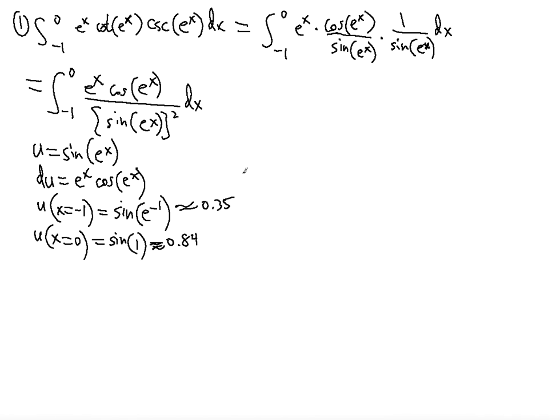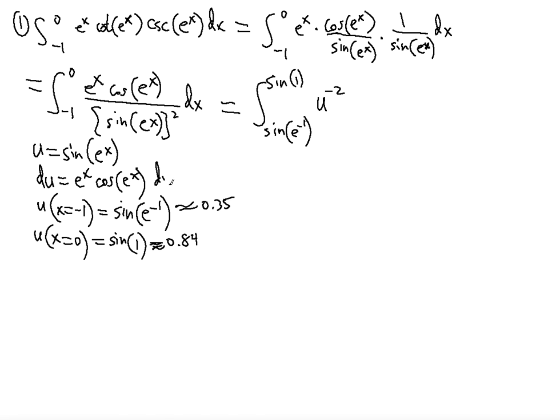Okay, so now we can rewrite this. The lower limit will be sine of e to the -1. The upper limit is going to be sine of 1. So we will have 1 over u squared, which is u to the -2.